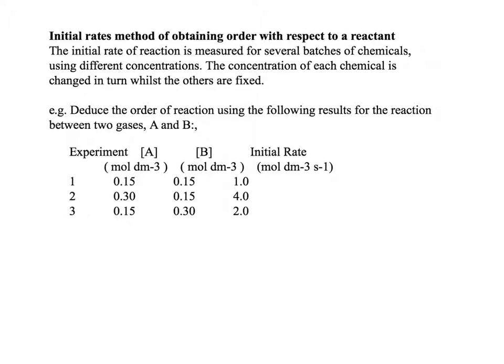Well, if we look at experiment 1 to 2, you can see that the concentration of B has remained the same. However, the concentration of A has doubled. What's happened to the initial rate? Well, it's gone up by 4 times. So that would tell me that if I times the concentration of A by 2, the rate goes up by 4, which is 2 squared, and therefore the order with respect to A is second order.